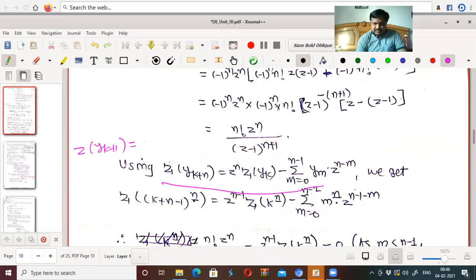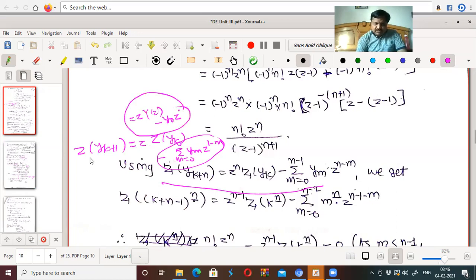By taking n equal to 1, this becomes z into z of yk, minus summation from m equal to 0 to n minus 1, which means 0 to 0, that is only the initial term, ym z raised to n minus m. What about this? Only put m equal to 0, then what will this term be? Z of yk, so equal to z into capital Y of z minus y0 z to the power 1, that means y0 z.